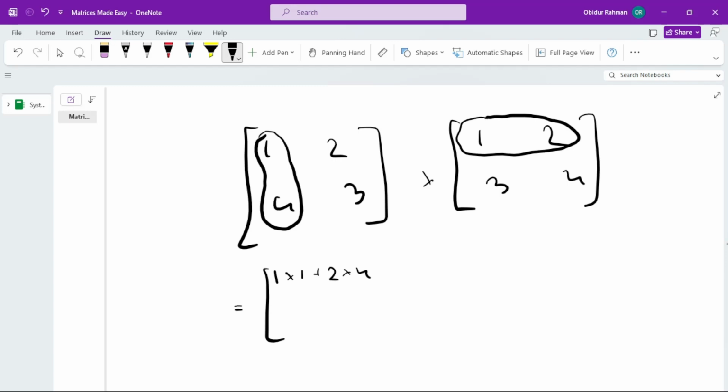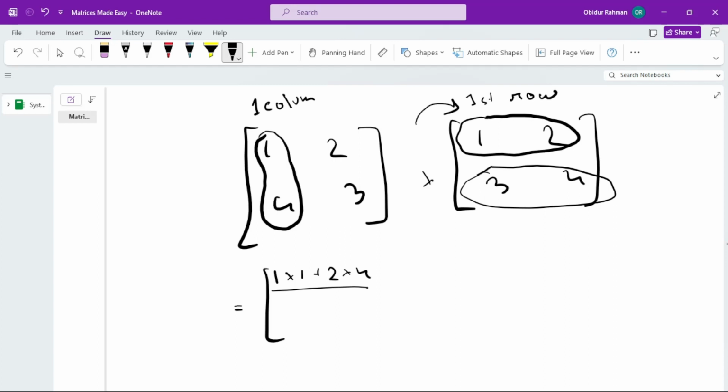The same thing we do for the second row. When we're doing the operation with the first row, we write it in the first row. You will notice a pattern that this is the first column, this is the first row, and the operation we did, the position is the first row and the first column.